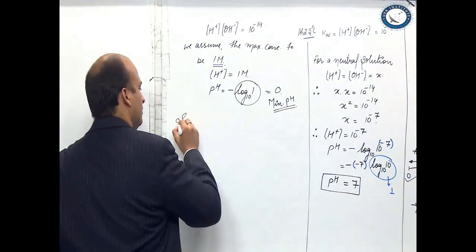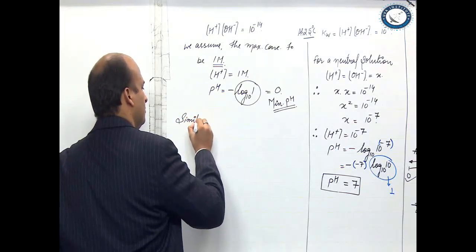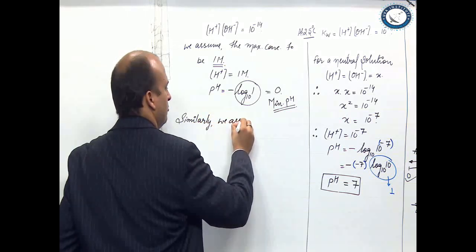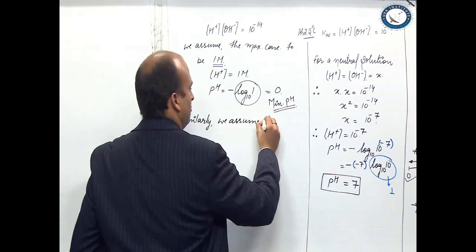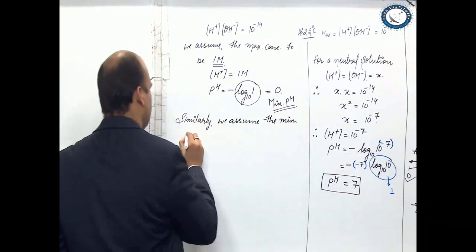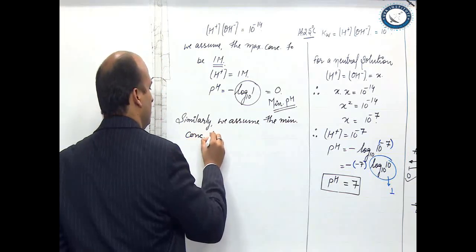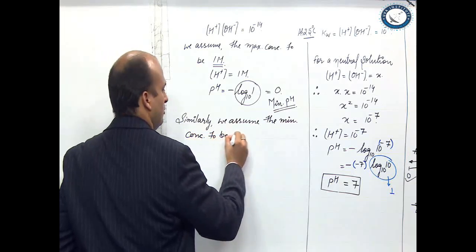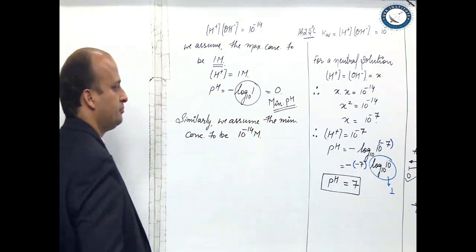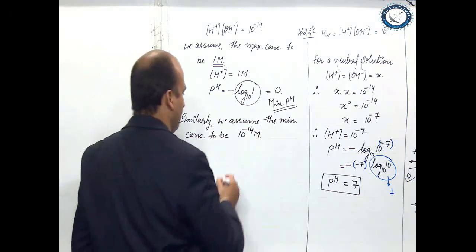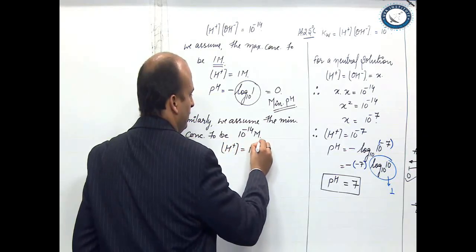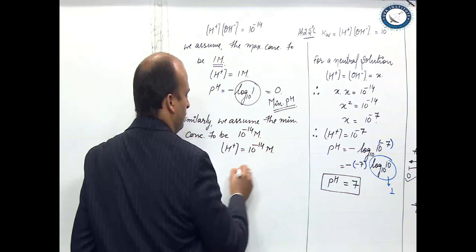Similarly, we assume the minimum concentration to be 10 raised to power minus 14 molar. So H plus ion concentration will be 10 raised to power minus 14 molar.